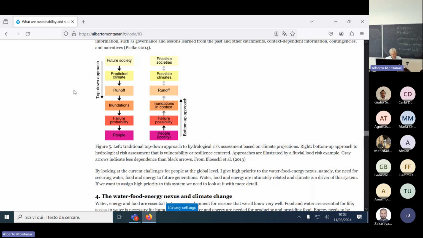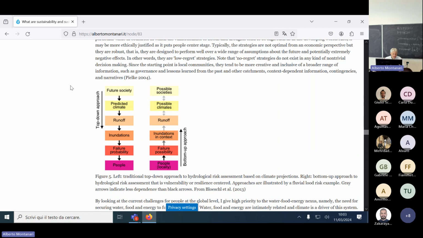Now, there is the problem with this approach that solutions come in the last position. And there is also the problem that predictions are uncertain. So in order to cope with uncertainty, a usual approach in engineering is to introduce a safety factor.